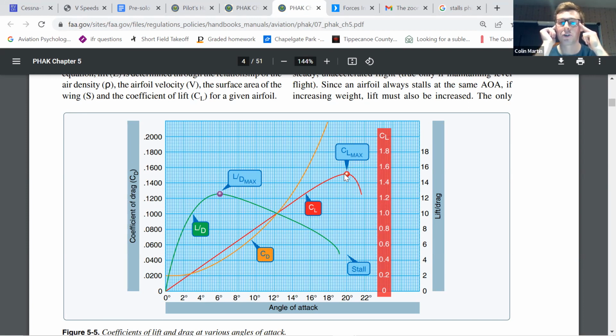During our training, we'll be putting you into power on and power off stalls multiple times, so you can get that muscle memory down on how to recover from a stall, and you get a sense of what it feels like. That way, if you do encounter it in the real world, you'll know how to recover from it.